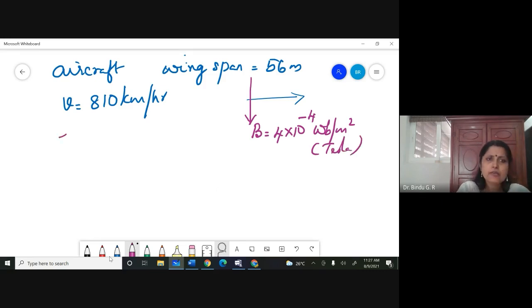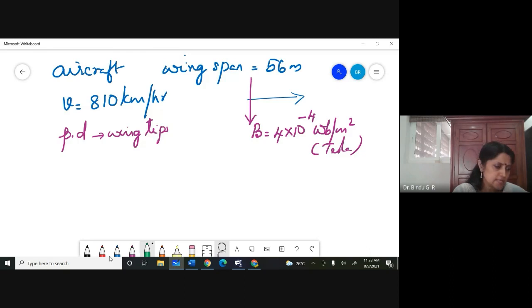Calculate the potential difference between the wing tips of the aircraft.